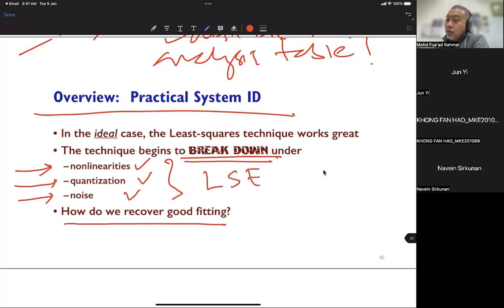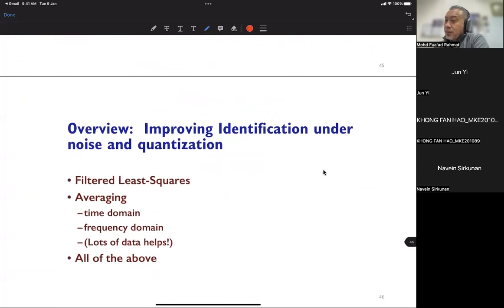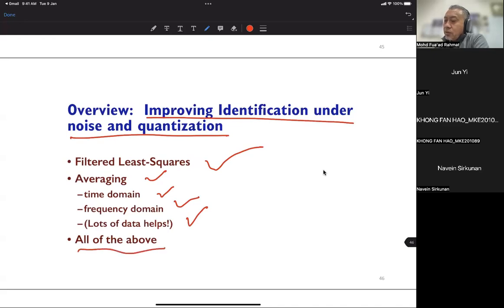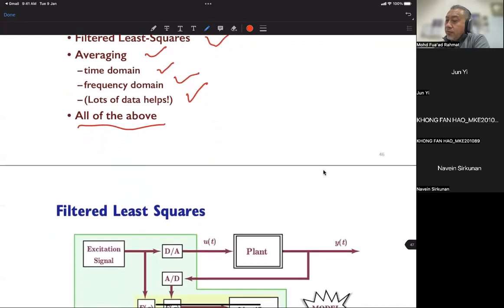So how do we recover a good fit? By improving the identification under noise and quantization using a filtered least square. This method has averaging in the time domain and frequency domain, and lots of data will help to do the averaging much better, to overcome all the issues above.